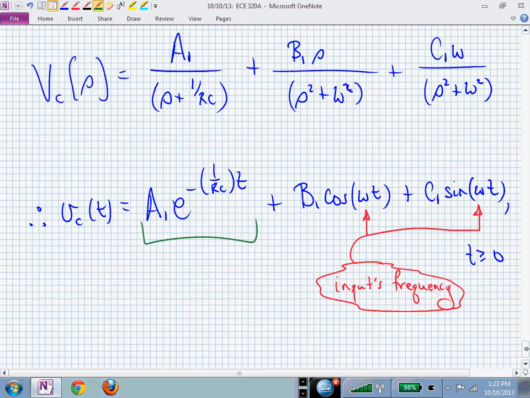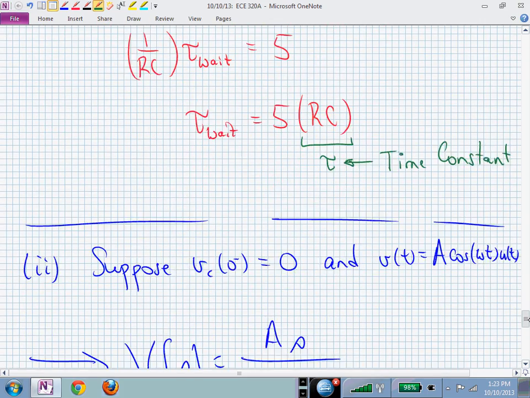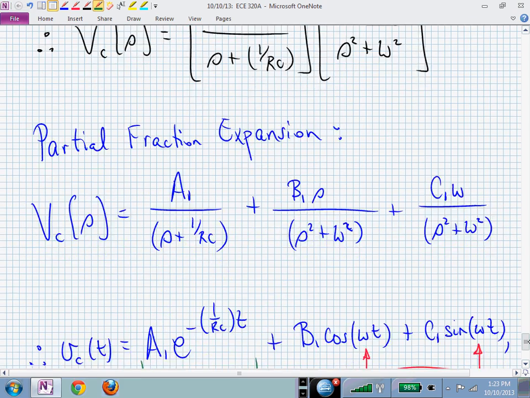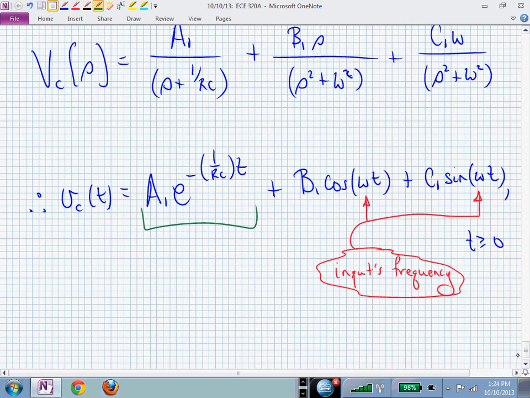What was my circuit? I said no initial condition and apply a cosine at 0 and just keep hitting it. What's going to happen to my result? Well, you just derived this. Now you have 3 pieces in your answer for your capacitor voltage.